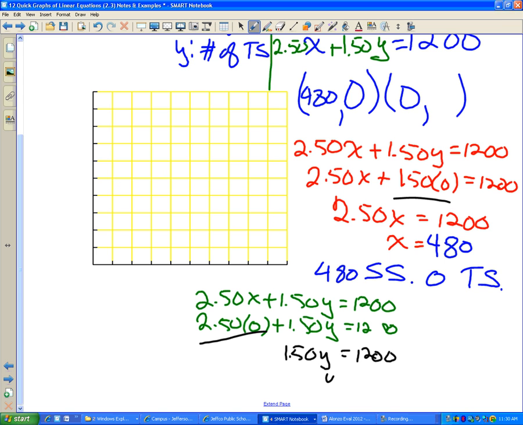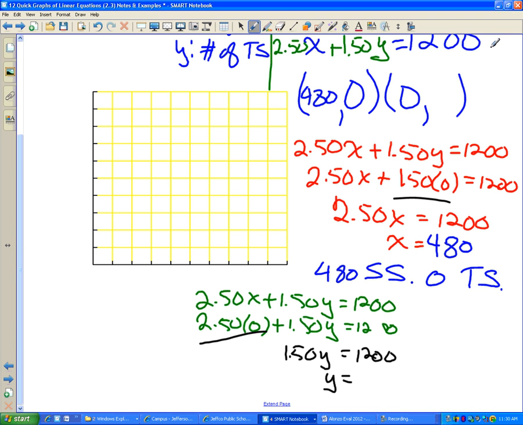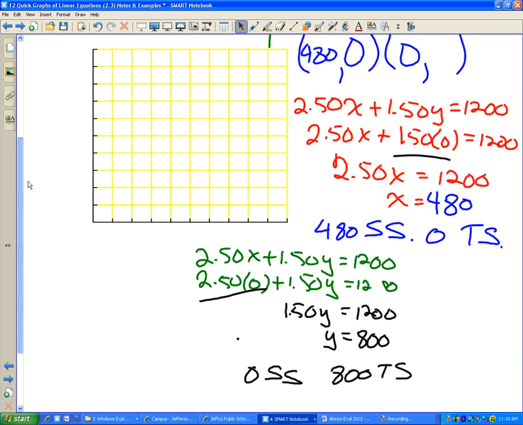Divide both sides by $1.50, and I get 800 t-shirts. So that tells me, again, if I was to sell 0 sweatshirts and 800 t-shirts, I would make my $1,200. So those are my 2 points, my 2 intercepts, 480 and 800.